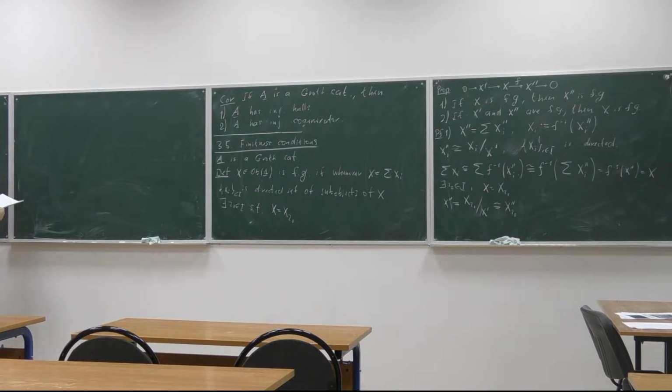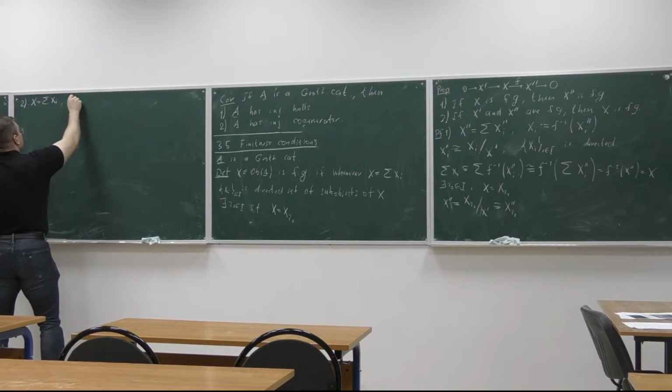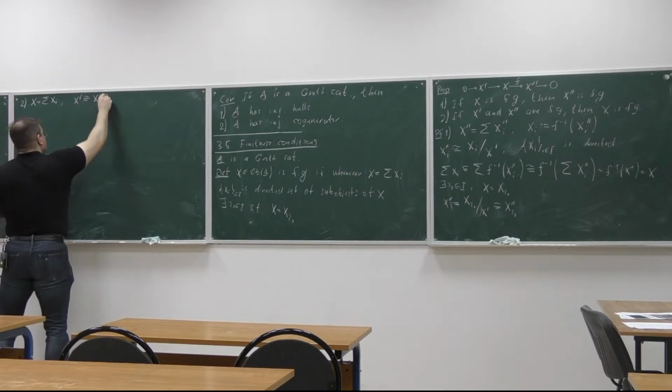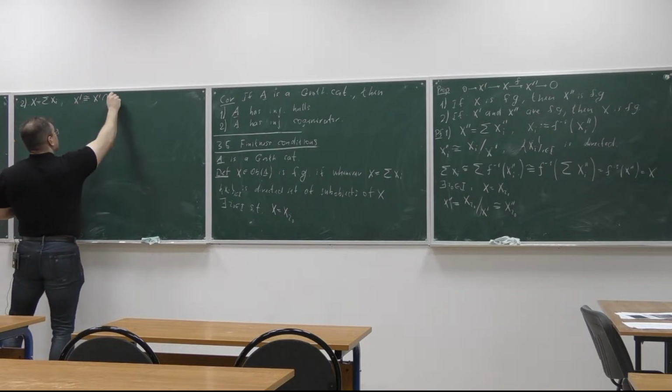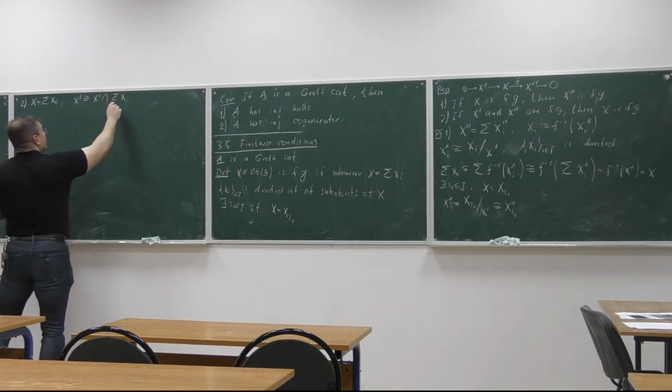Okay, so the second statement. Two. I want to show that x is finitely generated. So let's say x is the sum of some xi's. Now x prime is isomorphic to the x prime intersect with the sum of the xi's.